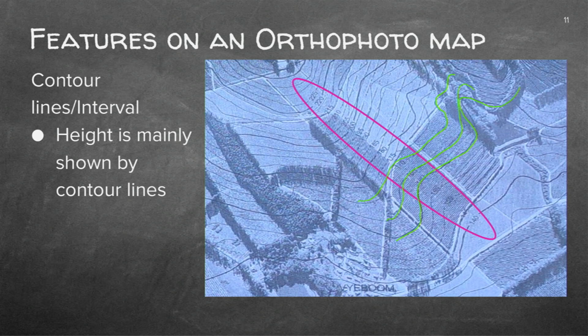Every aerial photograph that has had contour lines superimposed upon it is now referred to as an orthophoto map. So this is an orthophoto map. You will get contour lines indicating the height of a place on any orthophoto map. So that is another important thing to look out for in any orthophoto map.